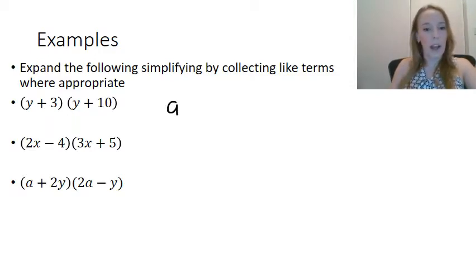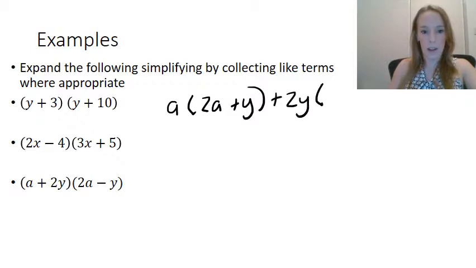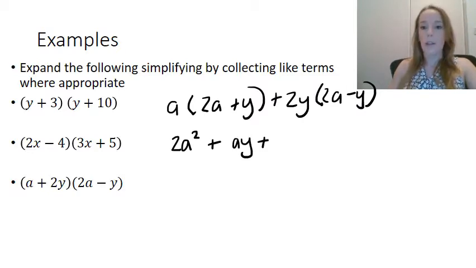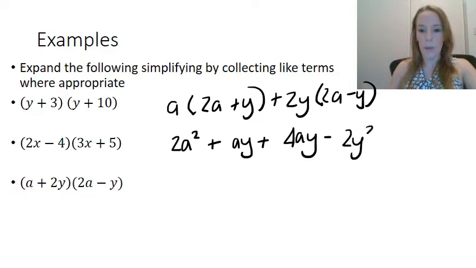So we have (2a plus y)(2y, 2a take y)... so (2a plus y) times (a plus 2y), with 2a take y. So 2a times a would give us 2a squared plus ay, plus 2 times 2 is 4ay, take 2y squared.